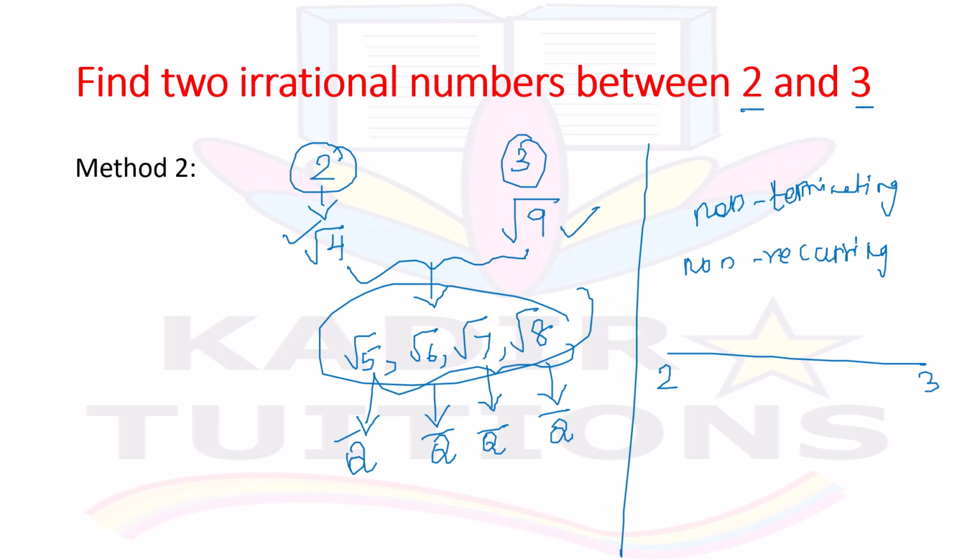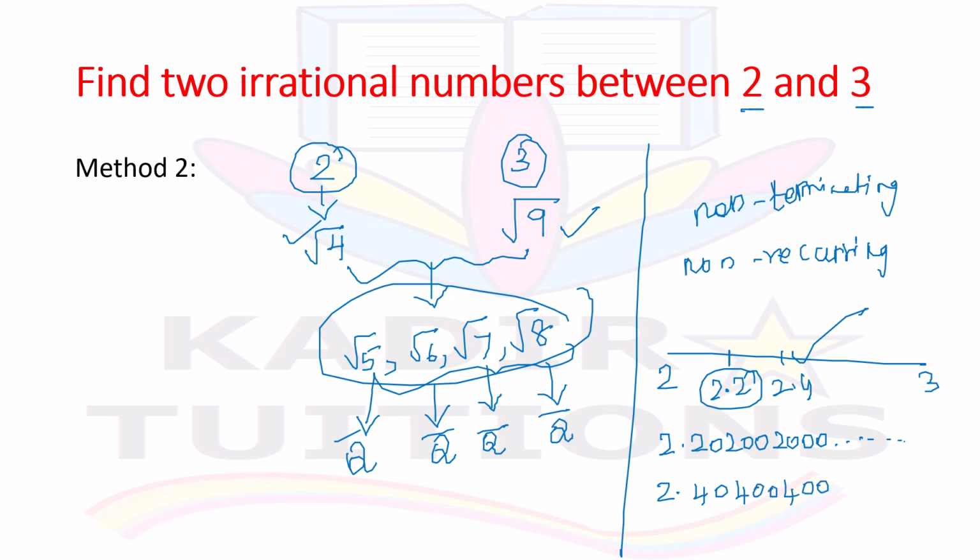I'm going to take two points, 2.2 and 2.4. With 2.2 I write an irrational expression: 2.20200200020000 and so on, it keeps on going, it's not terminating. In the same way for 2.4, I can write 2.40400400040000 and so on. It is also non-terminating.